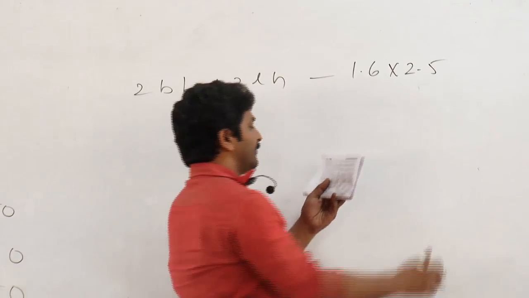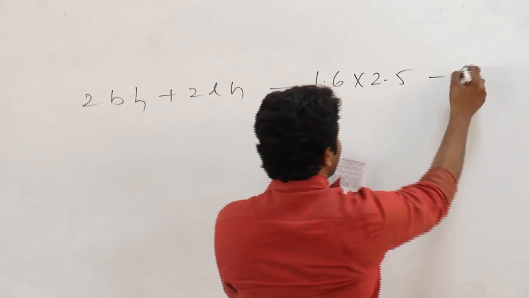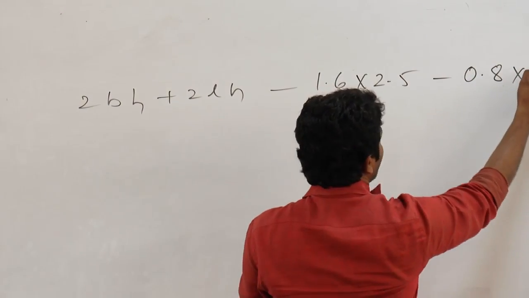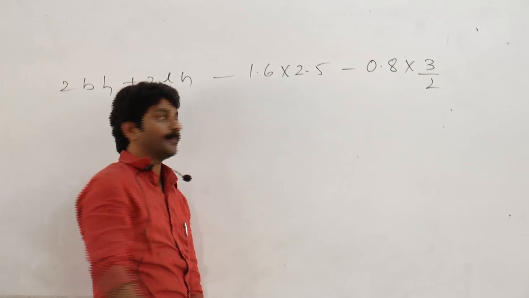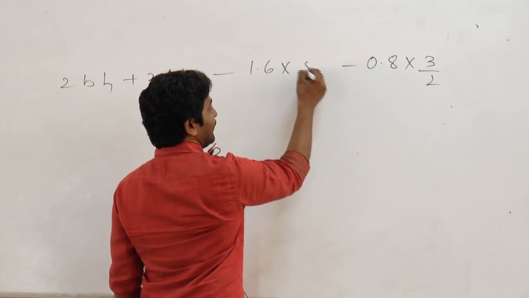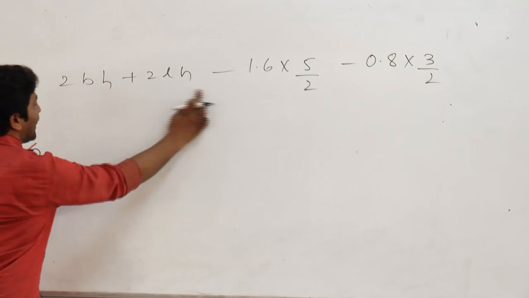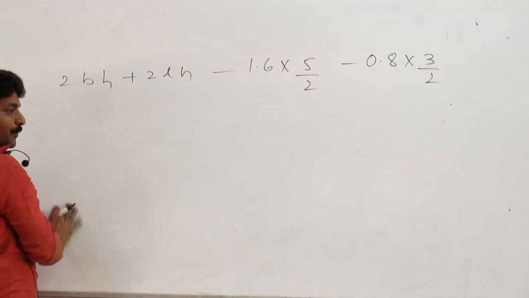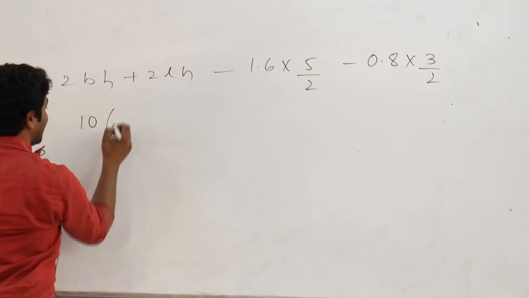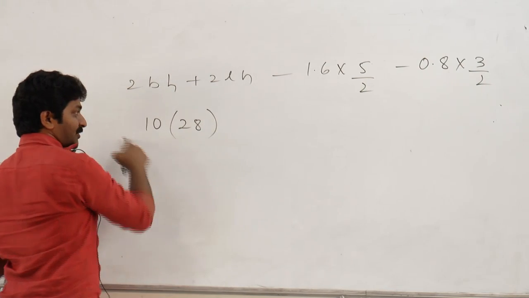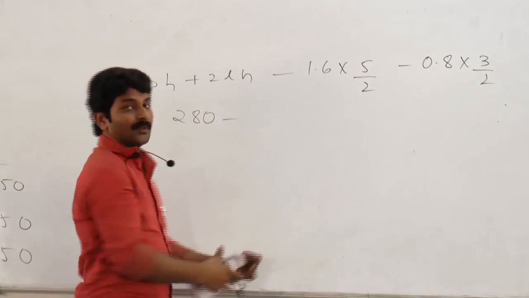1.6 into 2.5 minus, this is door area, window area is 0.8 into 1.5. Let's write it as 3 by 2. 1.5. Let's write this as 5 by 2. And this we can write as 2h into L plus B. 2 into height 10, L plus B 28, which is 280 minus, how much?